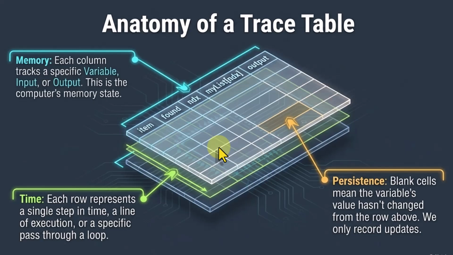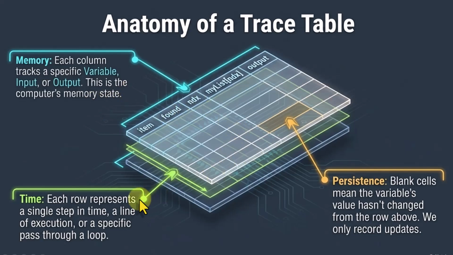Then for dry runs, we can use trace tables. A trace table is simply a table in which you have columns for your inputs, columns for every variable that you have, and one column for output, and each row will state a new data change. For memory, each column tracks a specific variable, input or output. This is the computer memory.